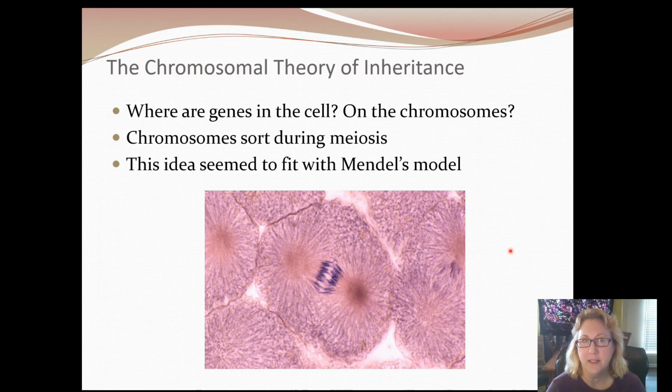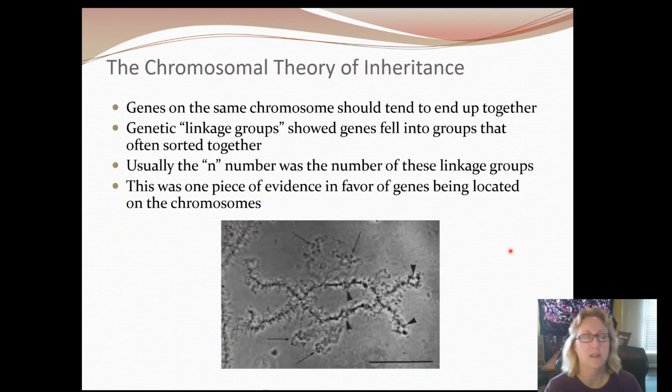This led to the idea that chromosomes might be where the hereditary material was, because that fit with Mendel's model that individuals have 2 copies of each gene and they separate during sexual reproduction. So chromosomes were suspected, but there wasn't any evidence that chromosomes were actually where inheritance was.